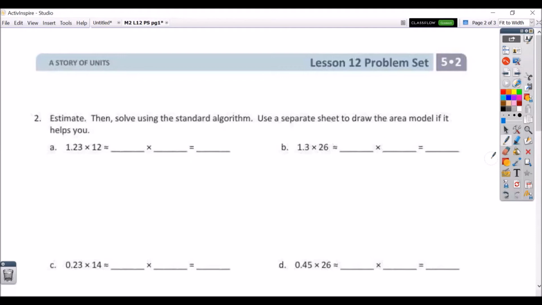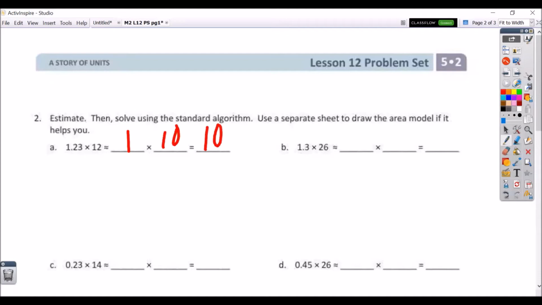So I'm going to ask that you pick 2 of these to solve in a second, but we're going to estimate them all together. So let's start on 2A. 1 and 23 hundredths is close to 1, and then 12 is close to 10, so our answer should be around 10.